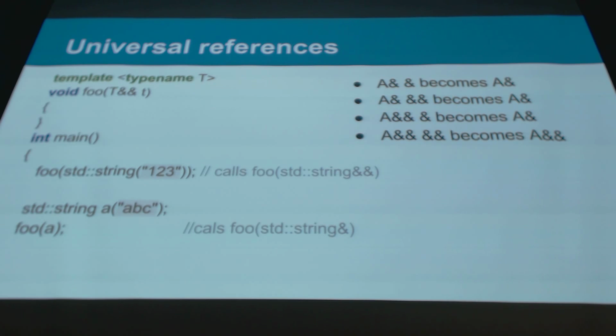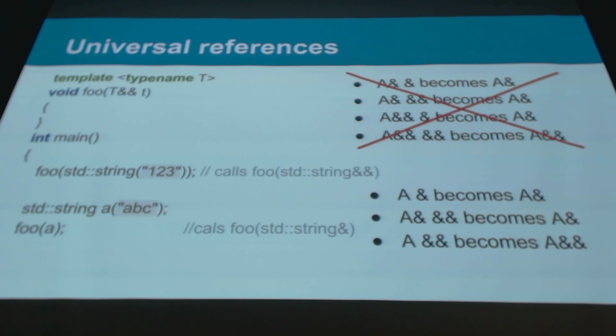If I try to put an Rvalue reference to the template and merge it with an Lvalue reference, it will become an Lvalue reference. And at the end, if I try to merge two Rvalue references, it will become an Rvalue reference. But it's not how it actually works. You can only think about it like this. The thing that works is the output on the right, but the thing on the left is wrong.